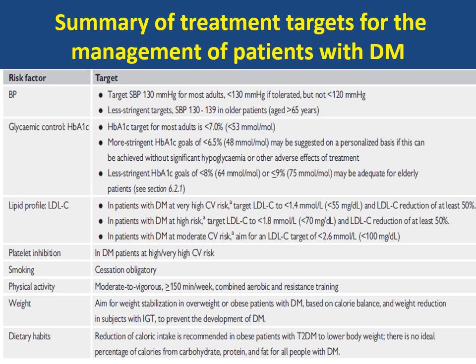As regards the lipid profile, if the patient is classified as very high risk, the target is 50% reduction from the baseline with target LDL less than 55 milligram per deciliter. In high risk patients, the target LDL is below 70 milligram per deciliter with 50% reduction from the baseline.